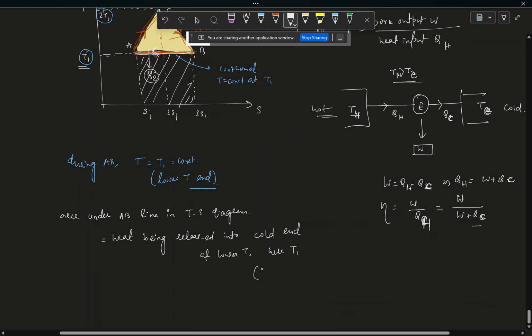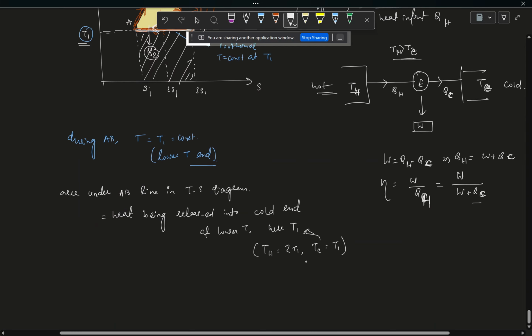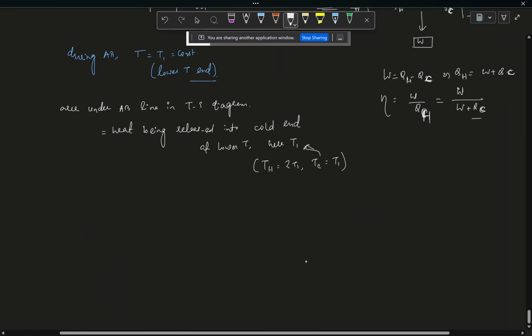So here in this case, TH equals 2T1 and TC equals T1, which is the hot body part is at 2T1 temperature, higher temperature, and the cooler body part TC is at T1 temperature. So that will be the point where the heat will be dumped into the cold body. So you have to calculate the area under the AB line in this TS plot.